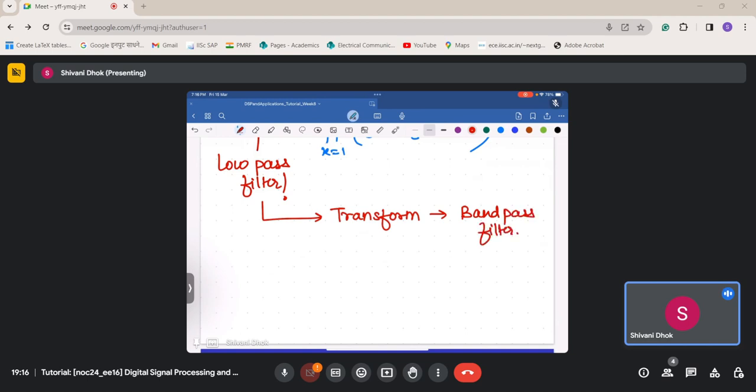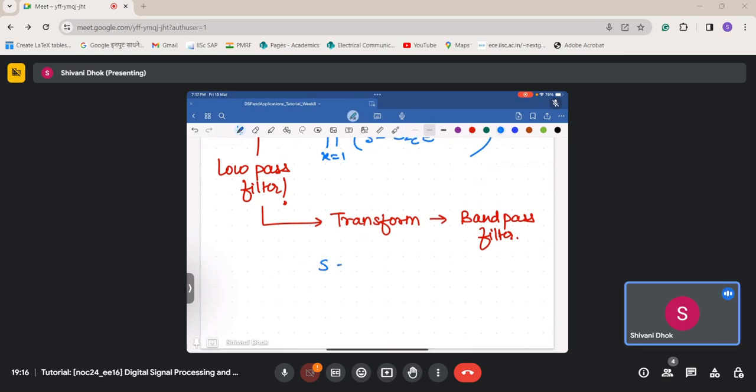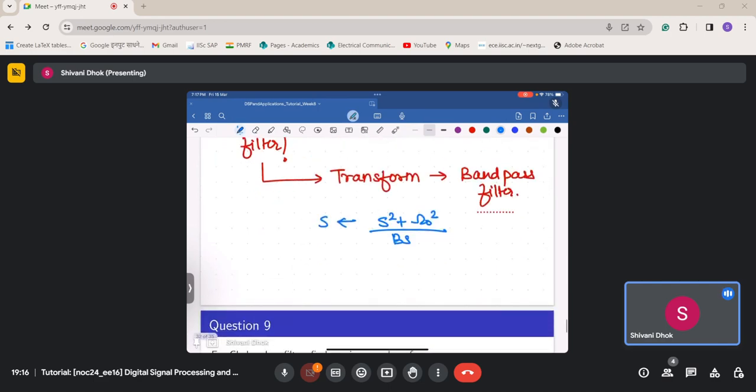That transformation I can do by replacing S with (S square plus omega naught square) upon B S. This substitution I should do. How can I say that this substitution is correct?